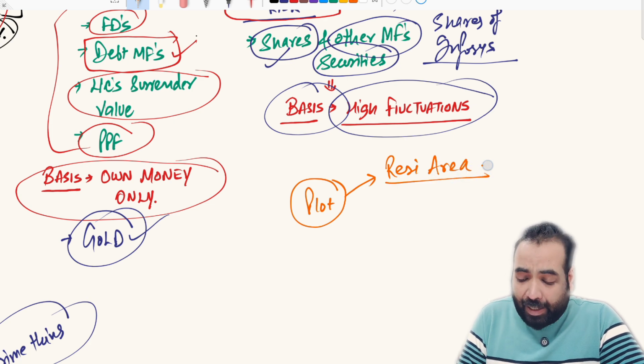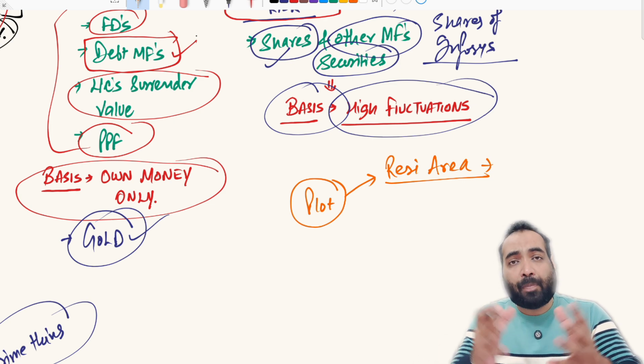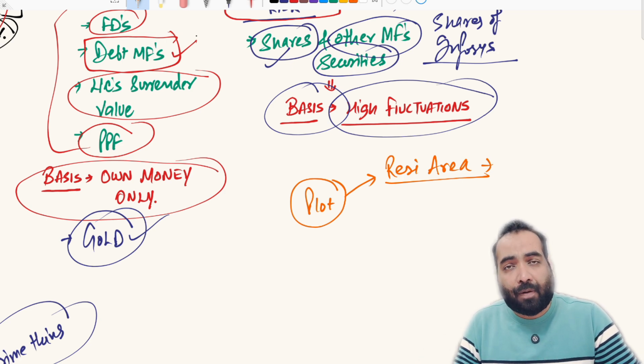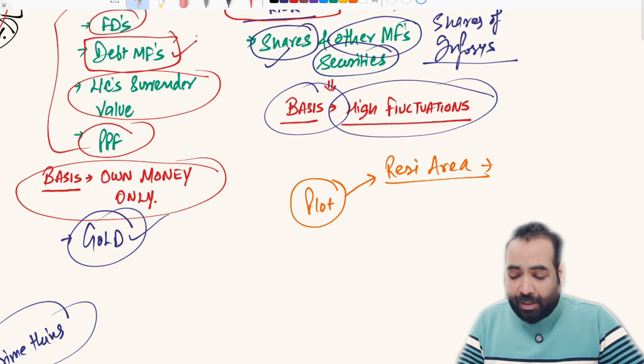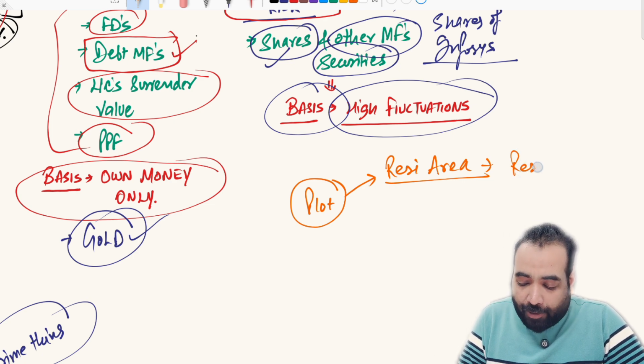If the plot is located in a residential area, and the area has a good, decent development, many banks have an internal policy that the minimum development in the residential area should be 50 to 60% of the total land size of that area. So if 50 to 60% of the area is habitable, people are living there, they have made their houses, and the resi area is good, then it is called a resi plot.